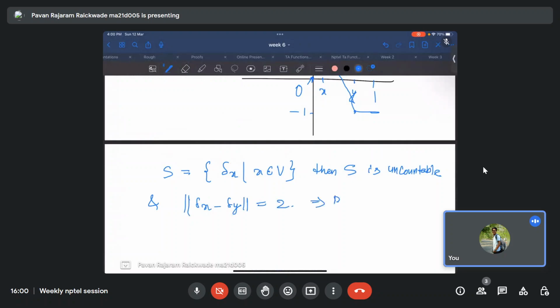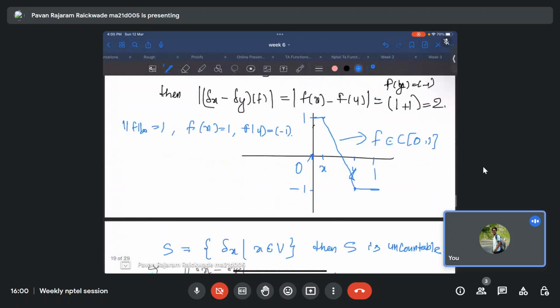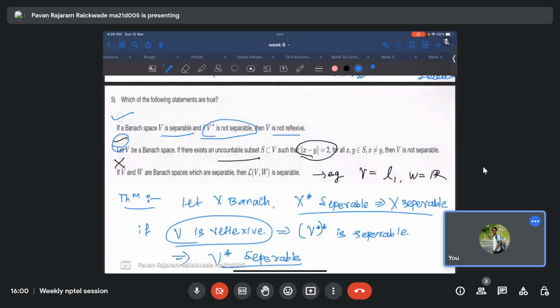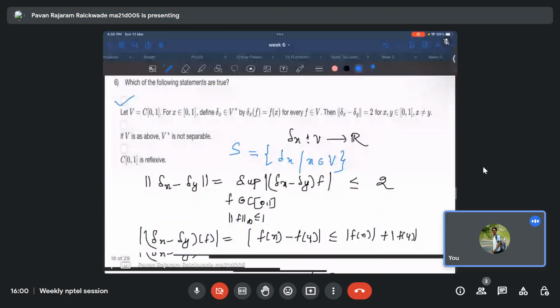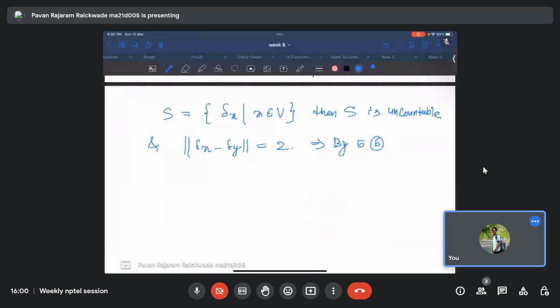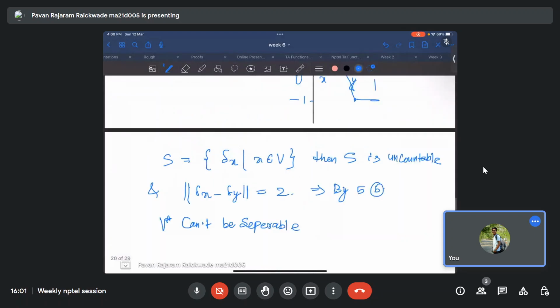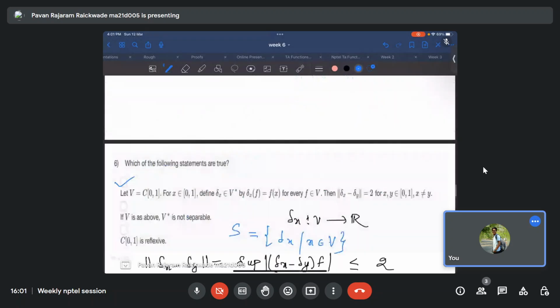By the previous question, question number 5 part B, V star cannot be separable. Because if you have an uncountable subset which is equidistant, with any 2 points in that set at distance 2, there cannot be a countable dense subset in that space. I hope this is clear. So this is correct: if V is as above, then V star is not separable.